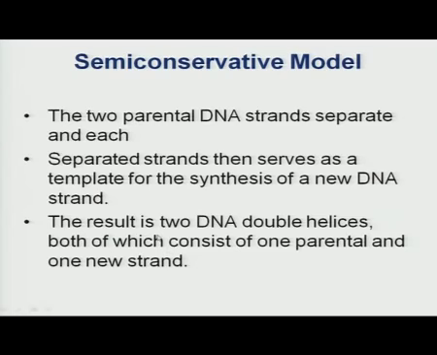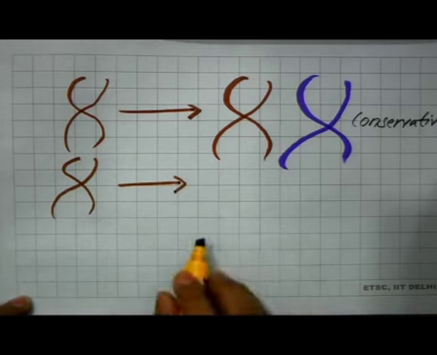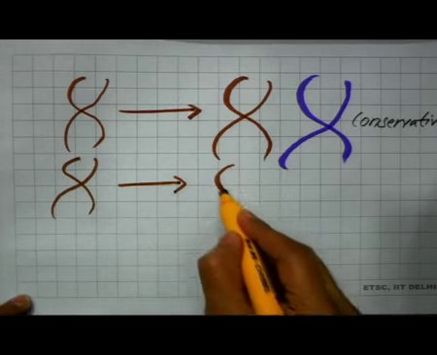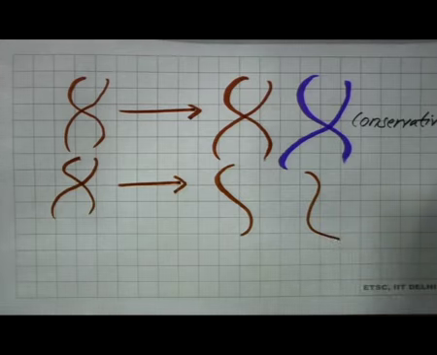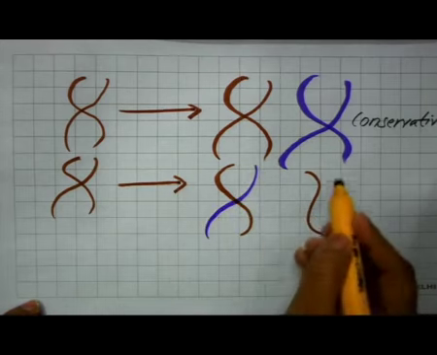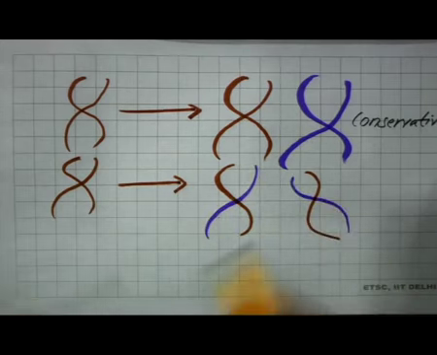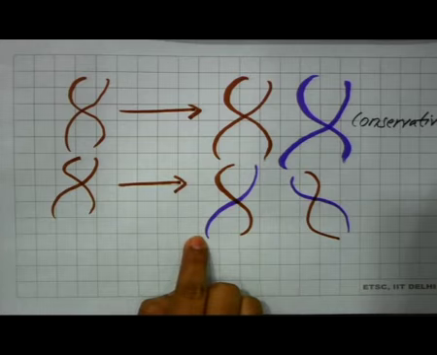If it is a parental DNA, in case of the semi-conservative model, both the strands of the parental DNA will get separated out, and these separated strands will act as a template, and this template will be copied. So, each of these daughter DNA will have one old strand and one newly synthesized strand of DNA.